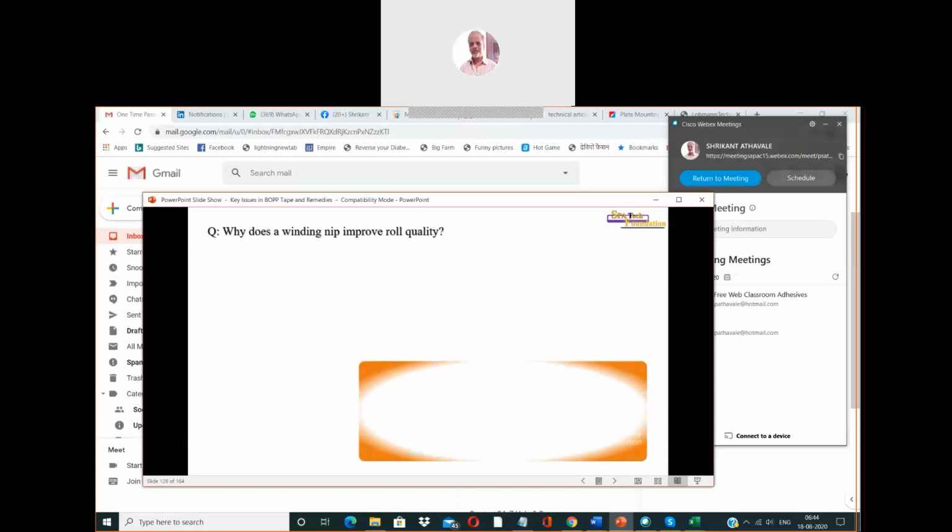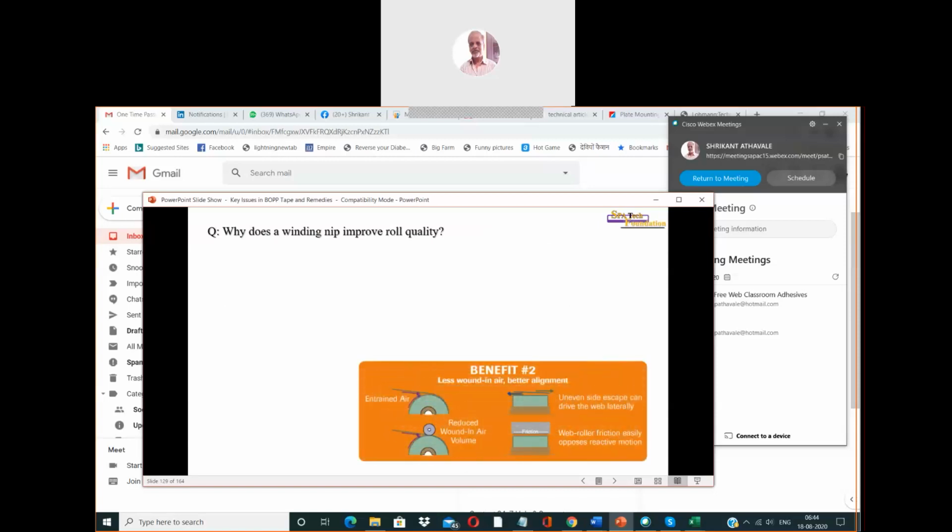Why does a winding nip improve roll quality? You see the benefits here in the picture. The entrapped air, which is shown on the top, is removed or reduced with the help of the winding nip. This is shown in the round cross section of the roll. You can see that in the flat position, uneven side escape can drive the web laterally.